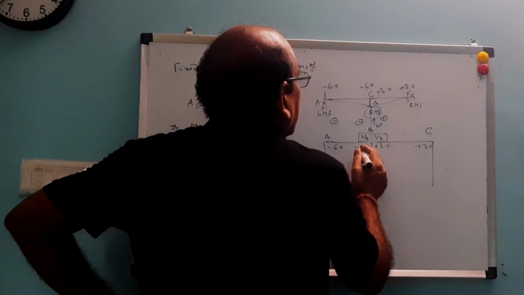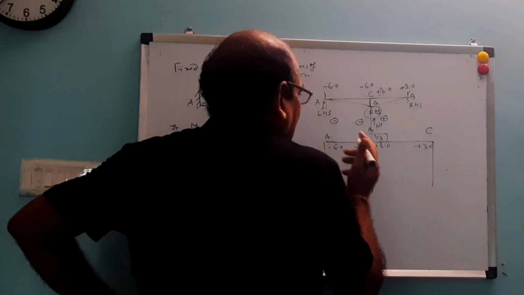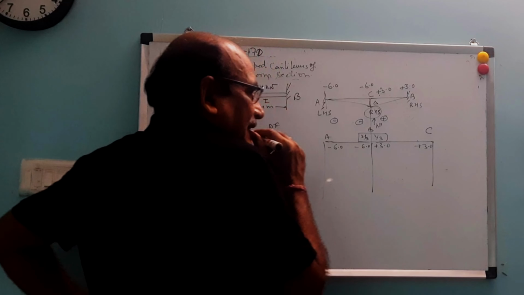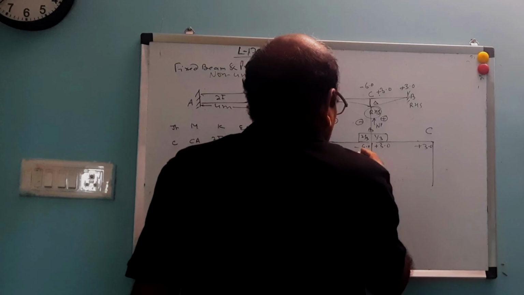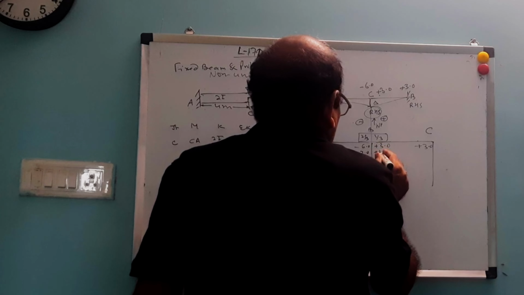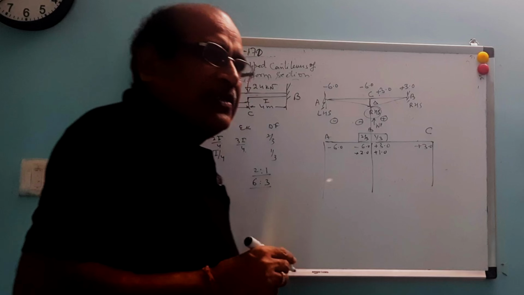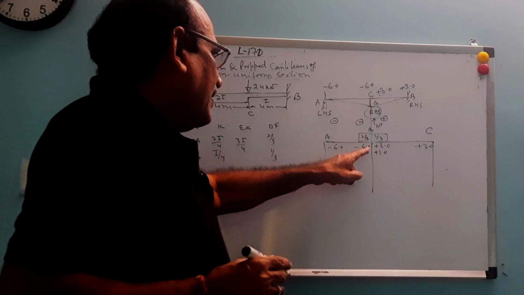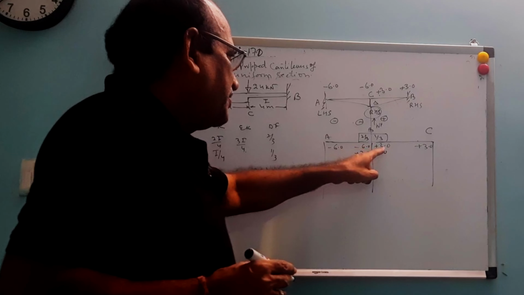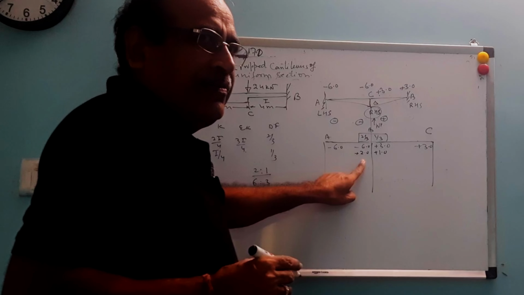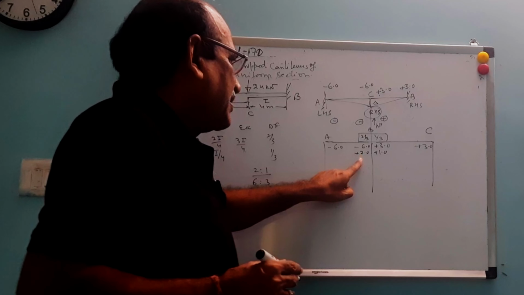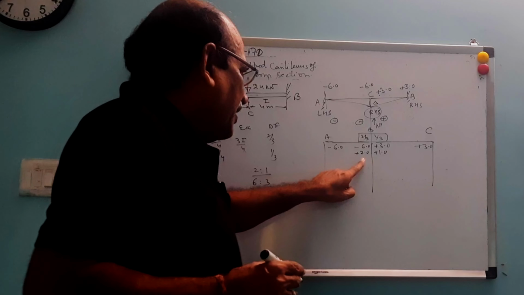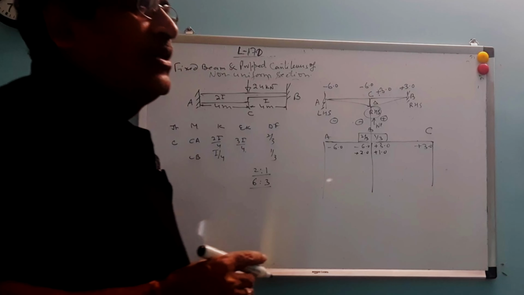This is minus 6 plus 3, so the unbalanced moment is minus 3. The distribution will be 2/3 and 1/3, that is plus 2 and plus 1, because 2/3 of 3 is 2 and 1/3 of 3 is 1.